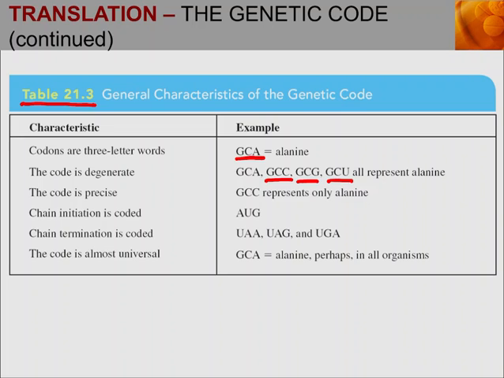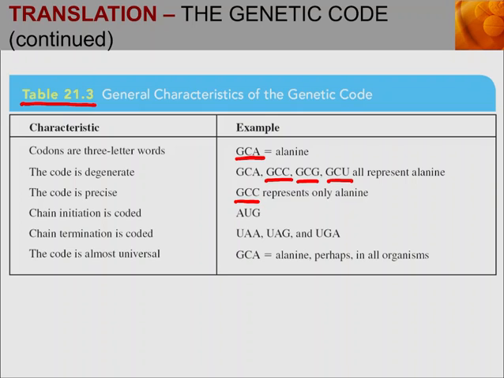However, the code can also be very precise. So for instance, GCC represents only alanine and not any other amino acid, which is a good thing because remember the sequence of amino acids is very important.